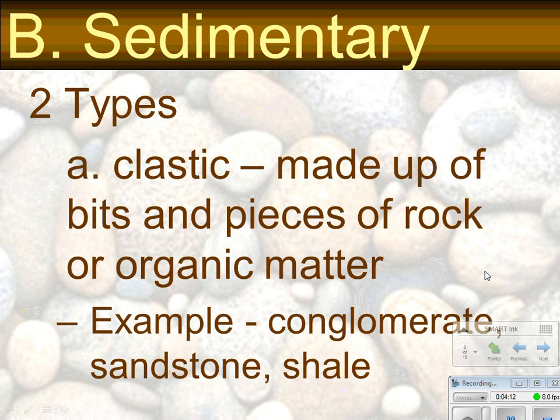An example is conglomerate. That's actually made of little pebbles all stuck together in one big rock. Sandstone has little individual sand grains stuck together into one big rock. And then shale is made sort of similarly to sandstone. You've got little grains that get stuck together in one big rock.